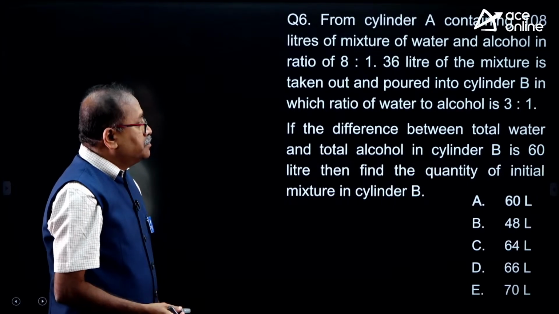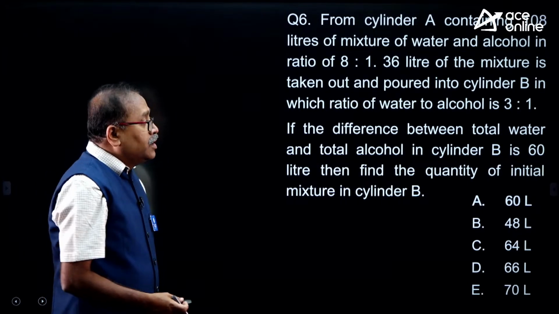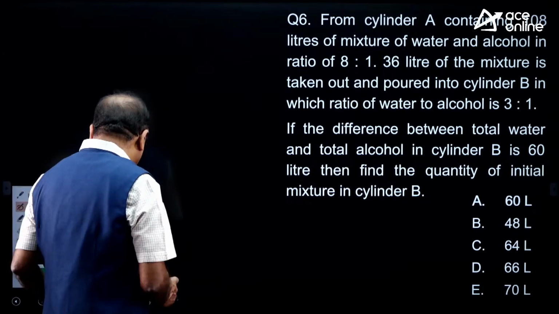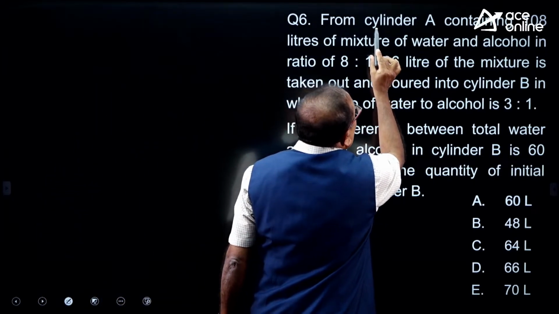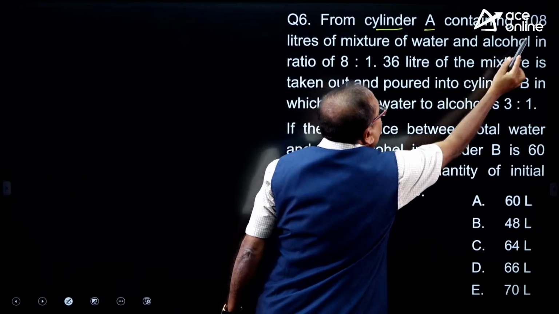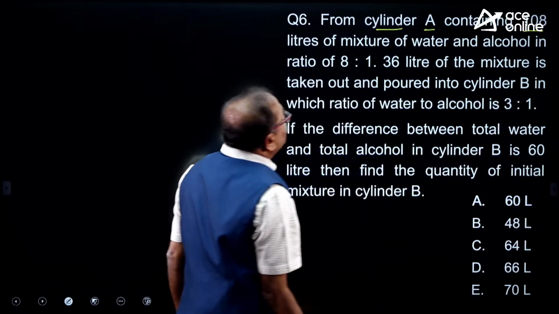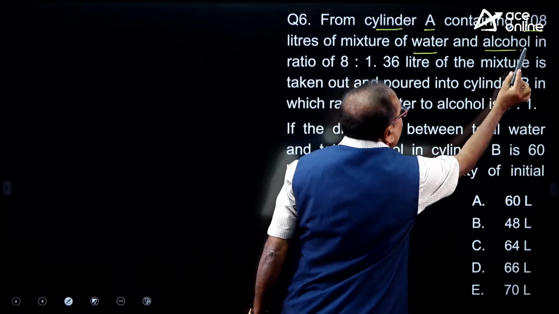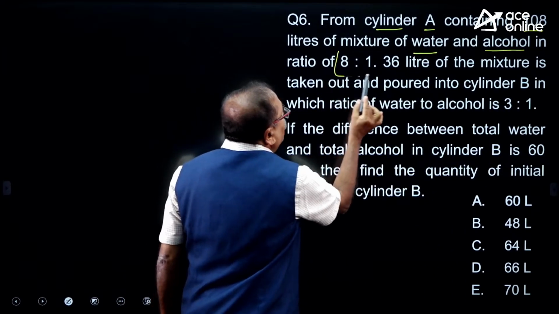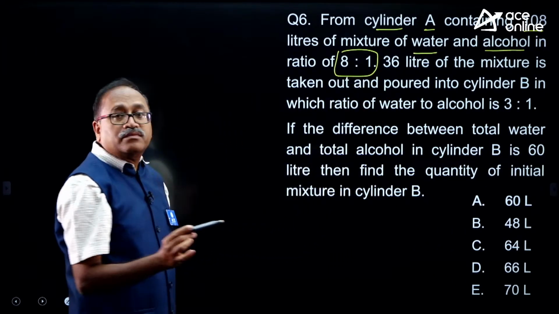And it's here. Let's see if you will be able to answer this question or not. Cylinder A contains 108 liters of a mixture of water and alcohol in the ratio of 8:1.